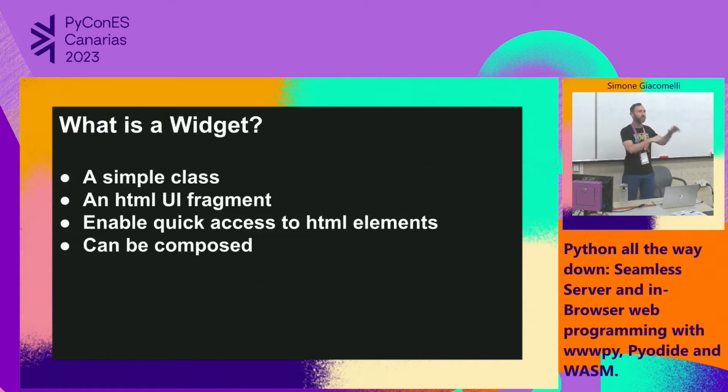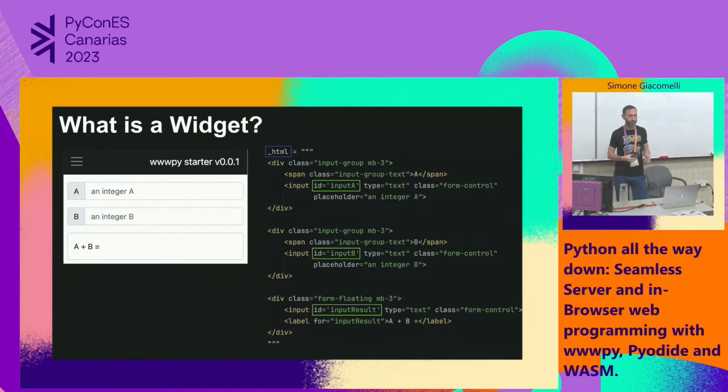So once you have a few widgets that does what you want, you don't even need to go back to JavaScript or the DOM or the document. Let's see a small example, like the calculator. It just does an addition, it's an example, and here we can see the HTML that composes this UI.